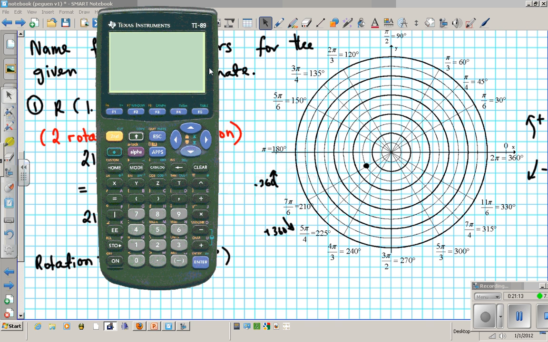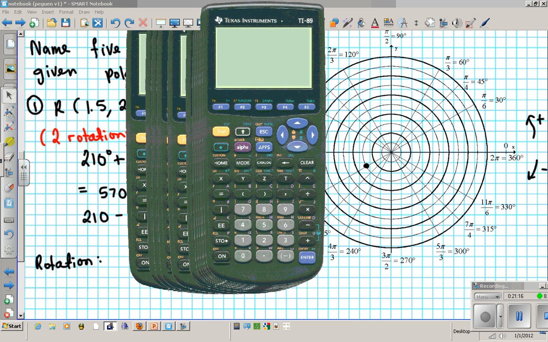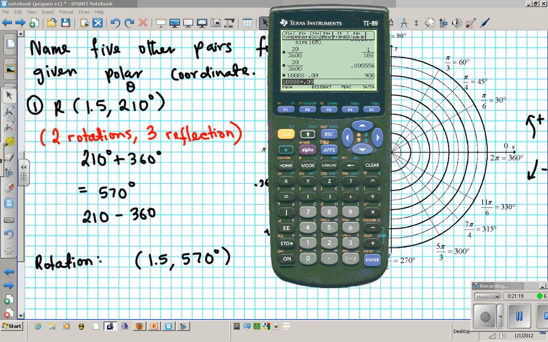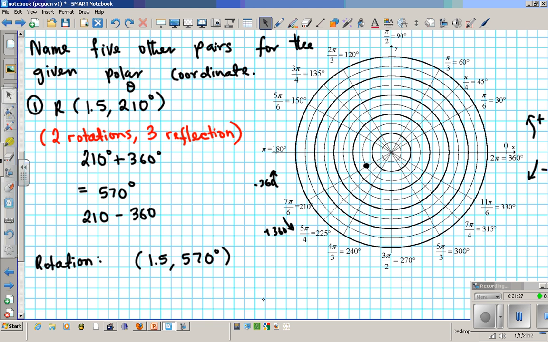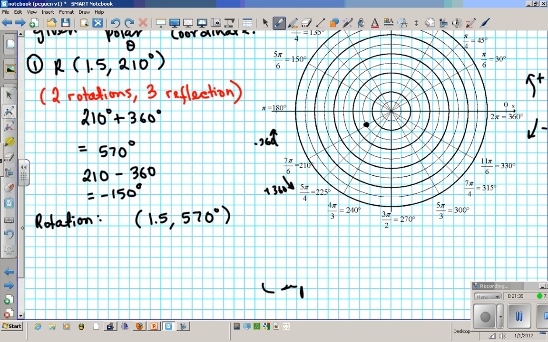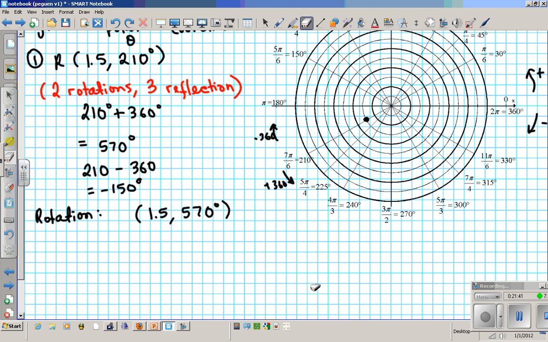Let's do that real quick. 210 minus 360 gives me negative 150 degrees. These are called coterminal angles. This is a positive coterminal angle, and this is a negative coterminal angle that we talked about earlier in this course. So our second rotational point that's exactly the same as this is going to be 1.5, comma, negative 150. Okay?